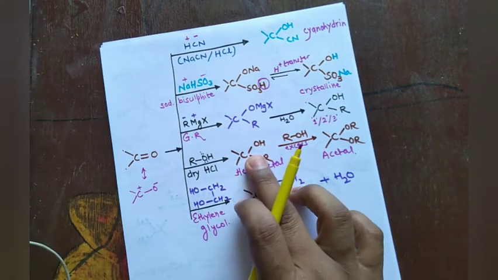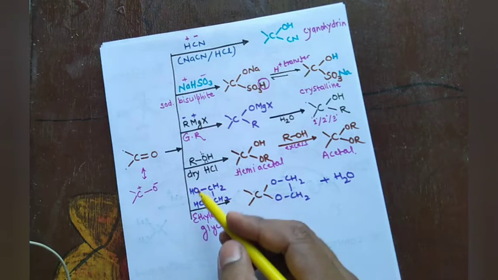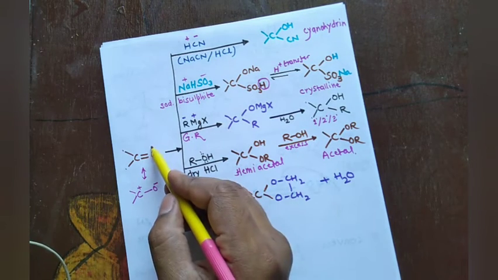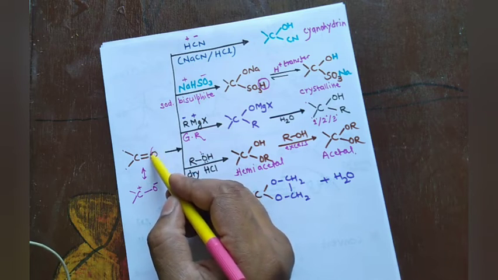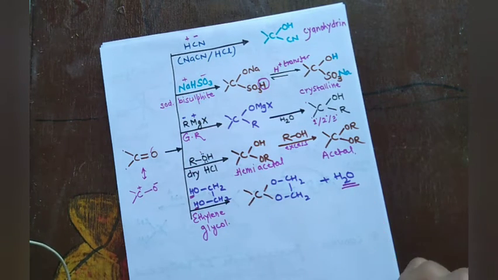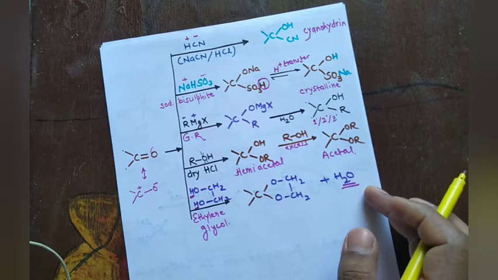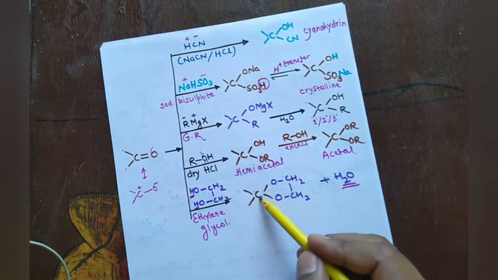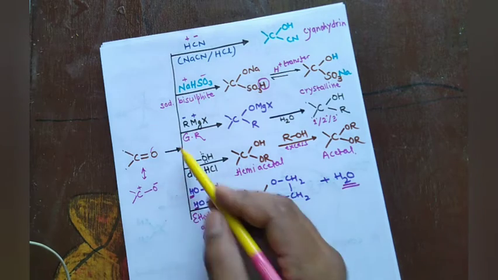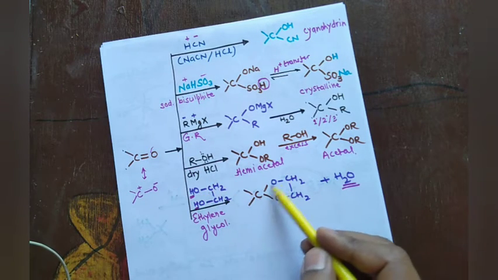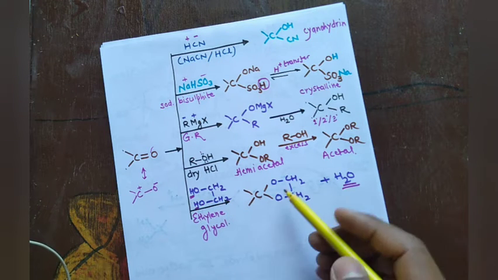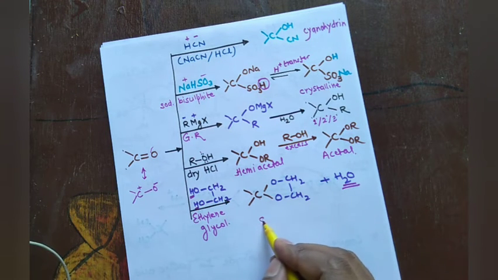This H and this H go with the carbonyl oxygen, resulting in removal of water. Now what is left? C over here, then single bond OCH2, single bond OCH2. This is called ethylene ketal.